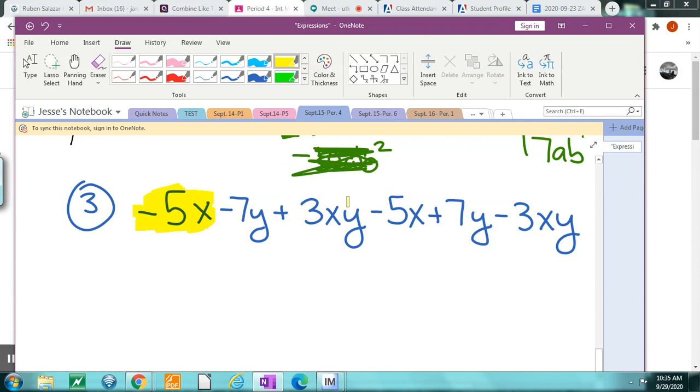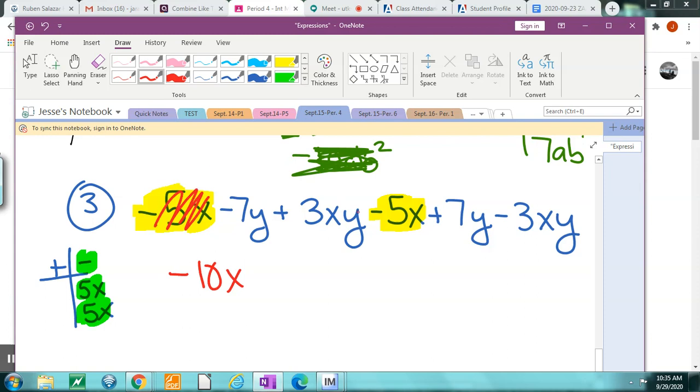But don't forget, the negative 5x has to be the same. So when I do the T-chart, negative 5x, negative 5x, they're both on the same side. Same side, I have to add them. Negative 10x. Now that I'm done, I could just take them out because there's no more.